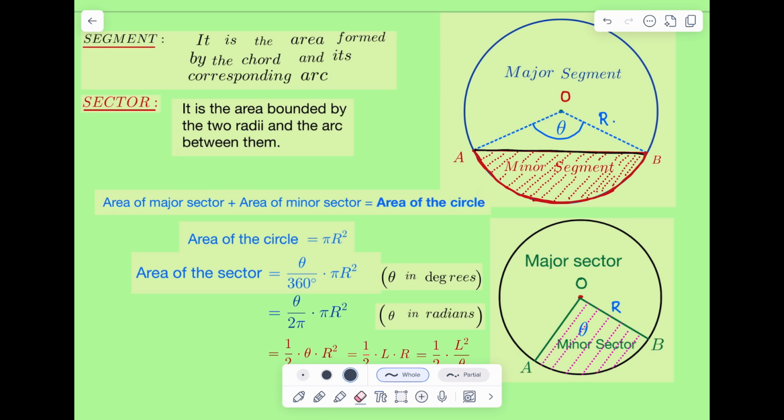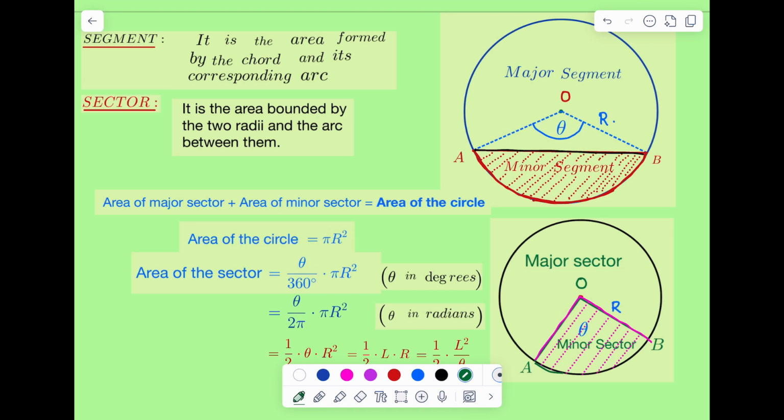Next is sector. What is a sector? A sector is the area bounded by two radii and the arc between them. There will be two arcs between two radii. One radius is OA and another radius is OB.